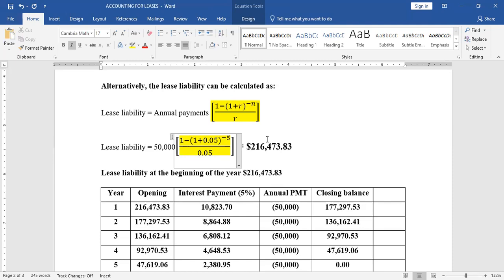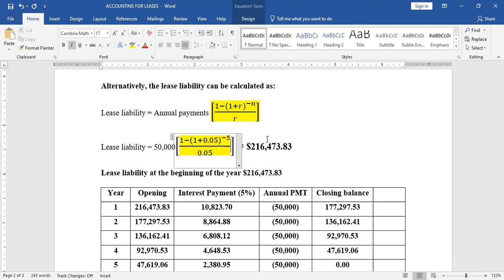Yeah, 1 minus 1 plus 0.05 raised to the power negative 5. I have 0.216473. And I'll simply press divide by 0.05, and then equal to.